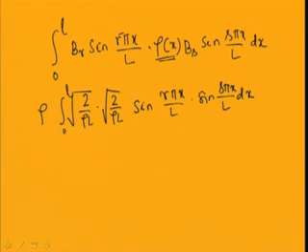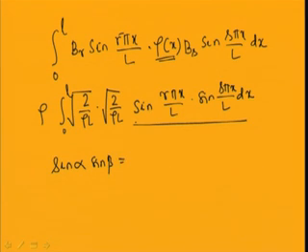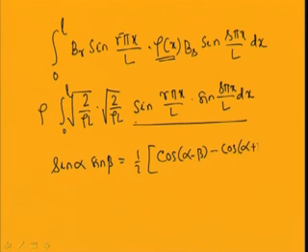You know the term sin alpha into sin beta can be written as half of cos of alpha minus beta minus cos of alpha plus beta.